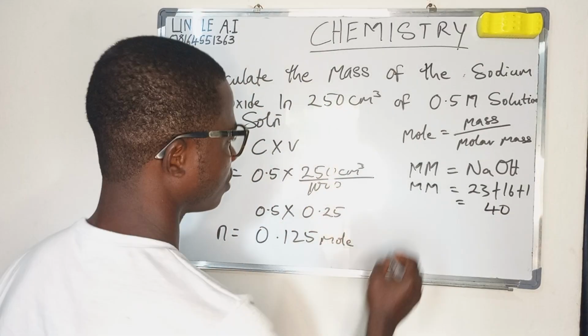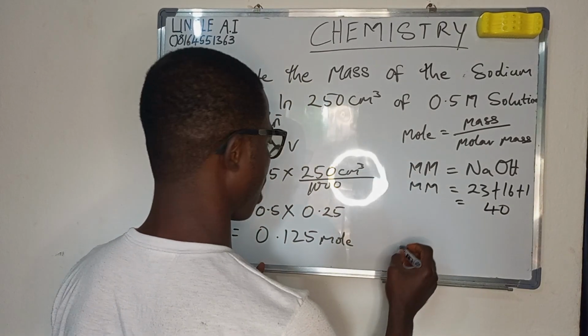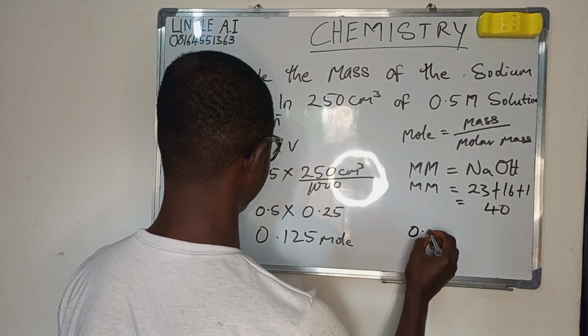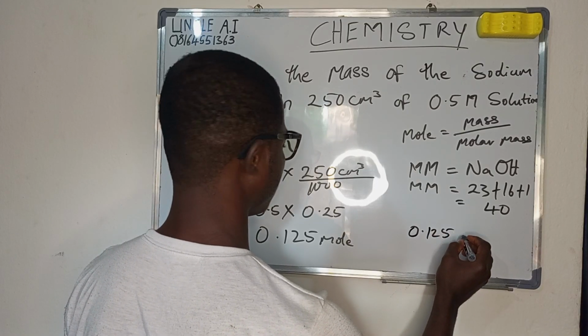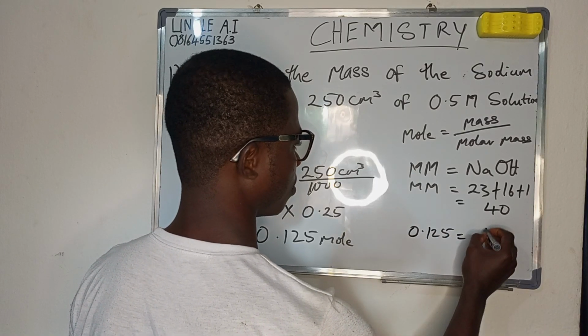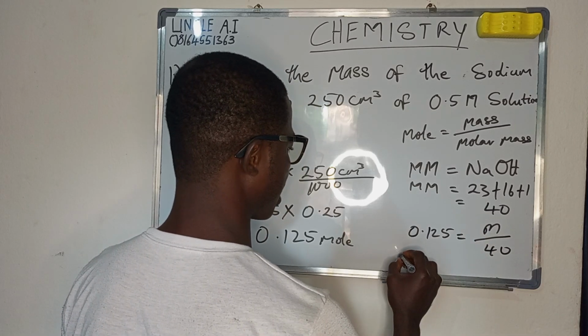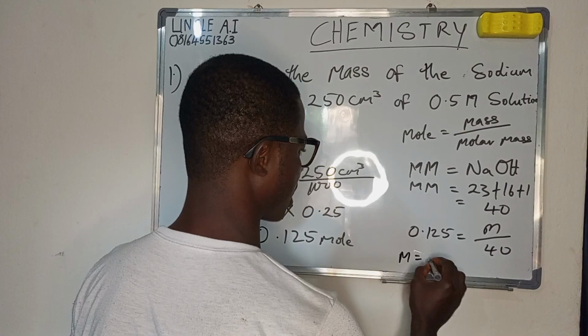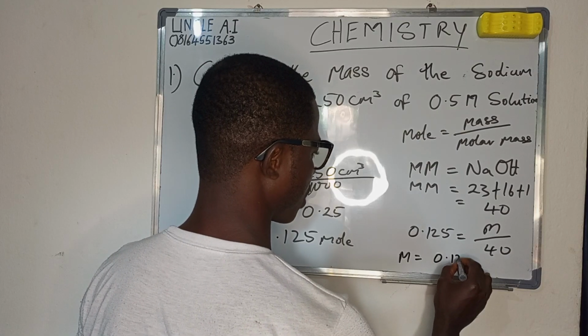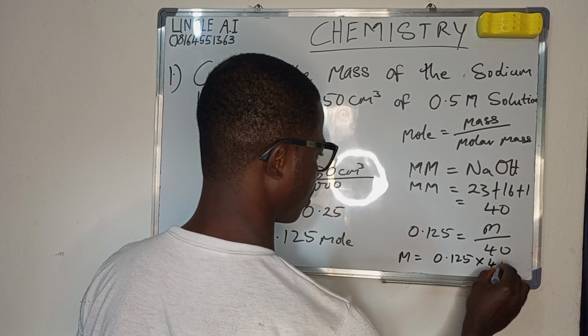So now we'll come back here. Our number of mole is 0.125 is equal to mass all over 40. That means that our mass will now be 0.125 times 40.